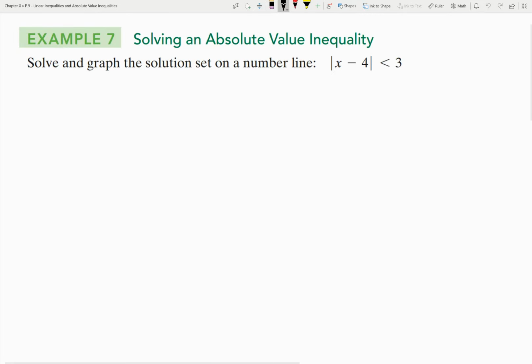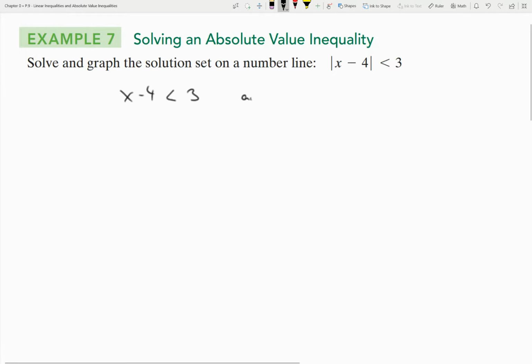So let's solve and graph the solution. It is a less than inequality. So if I wanted to solve it and drop the absolute value bars, I could just say x minus 4 is less than 3, and x minus 4 is greater than negative 3.